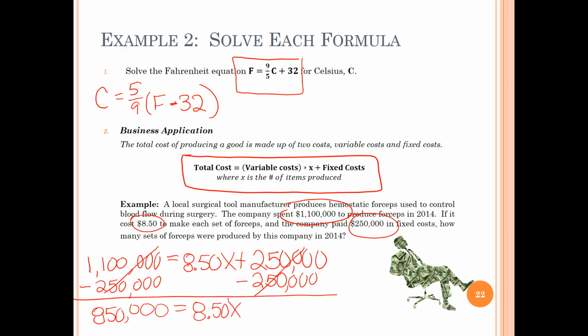So last step, what are we going to do? We're going to divide both sides by $850. And in doing so, we're going to see that this company produced 1,000 sets of forceps in 2014.